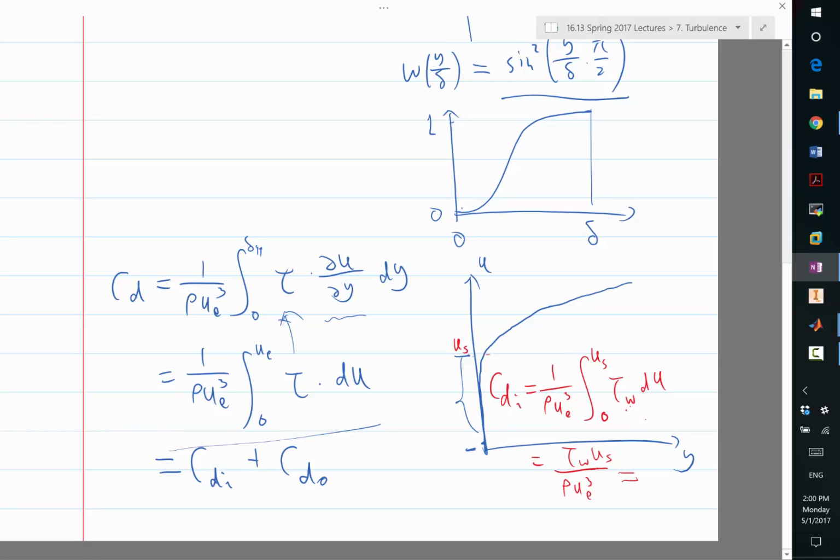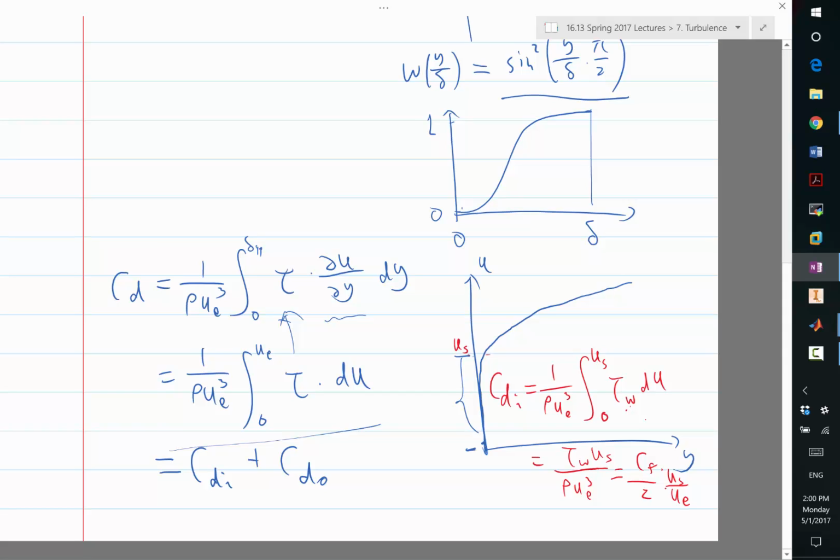And here, what is the non-dimensionalized version of tau wall? CF, right? CF is equal to tau wall divided by half of rho UE squared. So tau wall is equal to half of CF times US divided by UE.